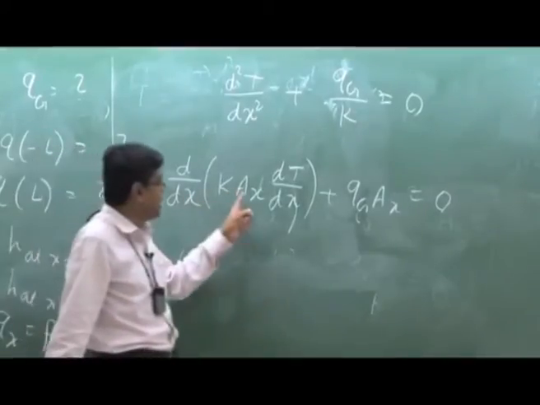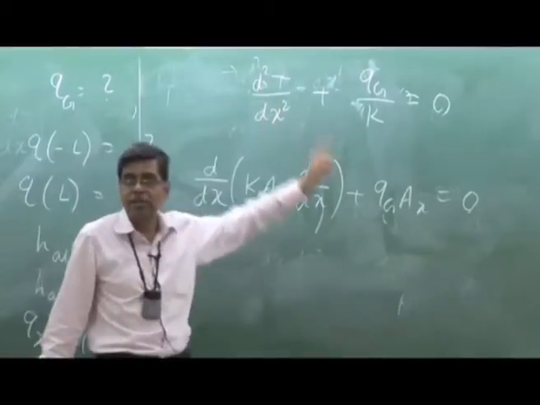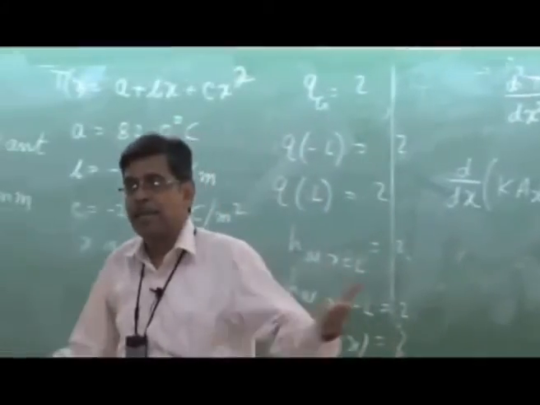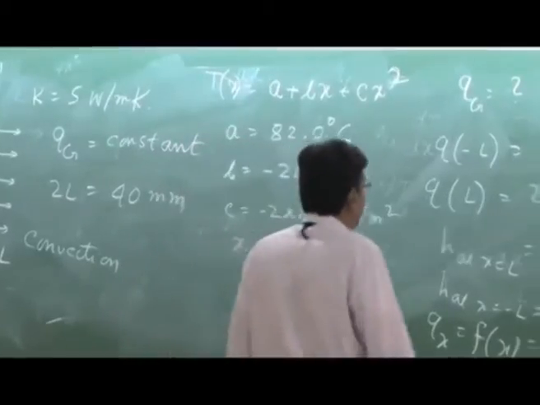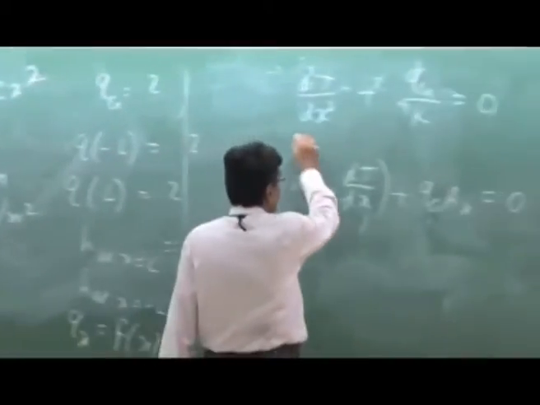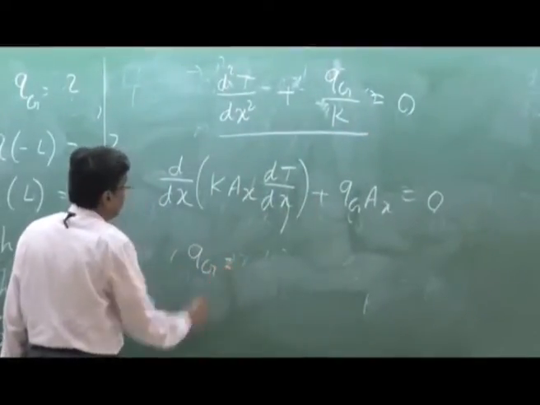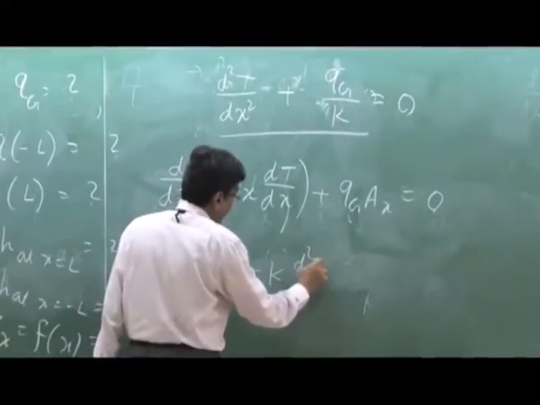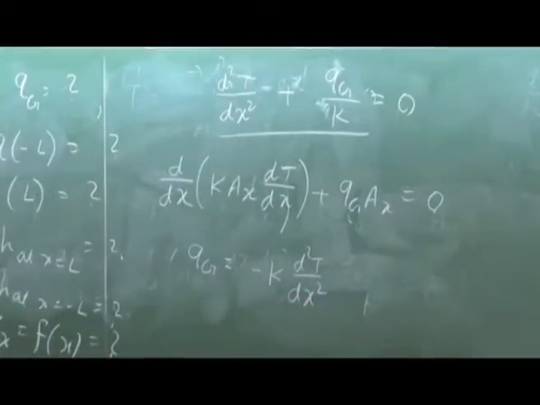Then for constant area and constant thermal conductivity, this becomes a special form that can be obtained directly from the general heat conduction equation. So if you start from this, Qg is equal to minus K d square T by dx square. It is as simple as this. What is d square T by dx square? Tell me.